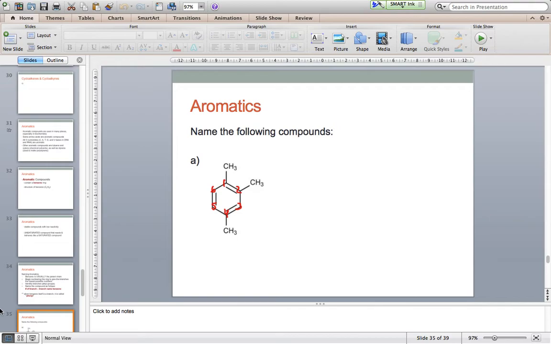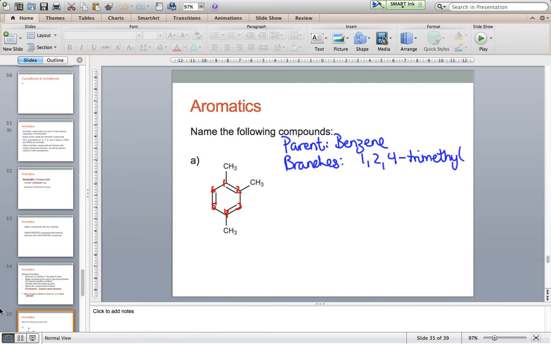So here I've got my parent, which I've identified as benzene. And for my branches, 3 methyl branches at locations 1, 2, and 4. Because there's 3, I'll use that prefix tri.